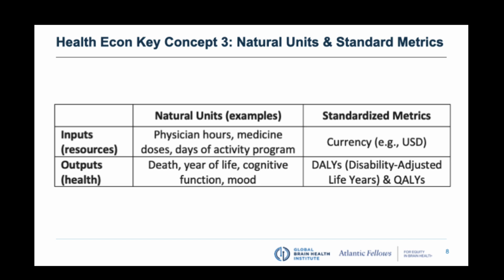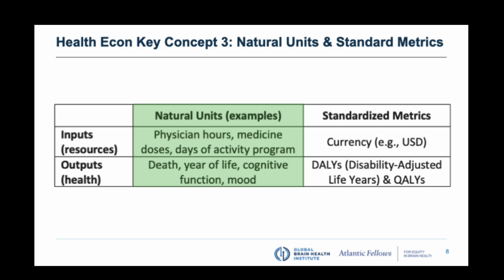Okay, here's the last concept slide. Don't worry if it doesn't fully register on this first pass. These are ideas that take some getting used to. In economic analysis, both inputs and outputs have natural and standardized units. Natural units are the heterogeneous events that describe service delivery or outcomes.